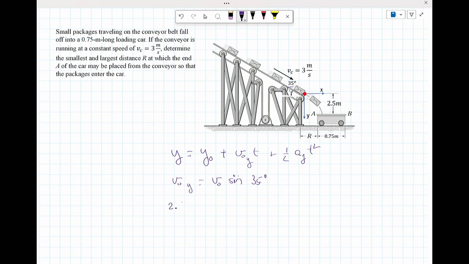So my y final is 2.5 meters. My starting point is 0 meters.